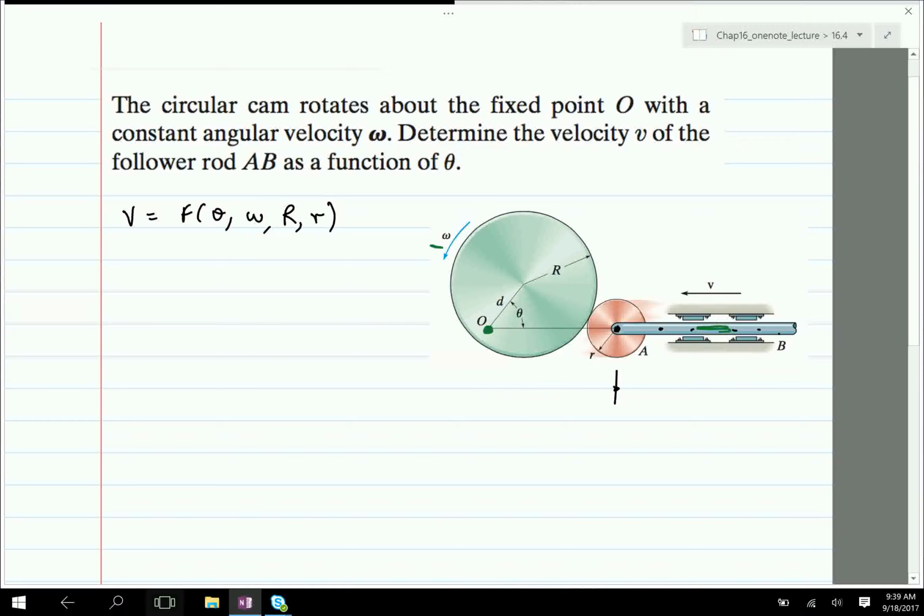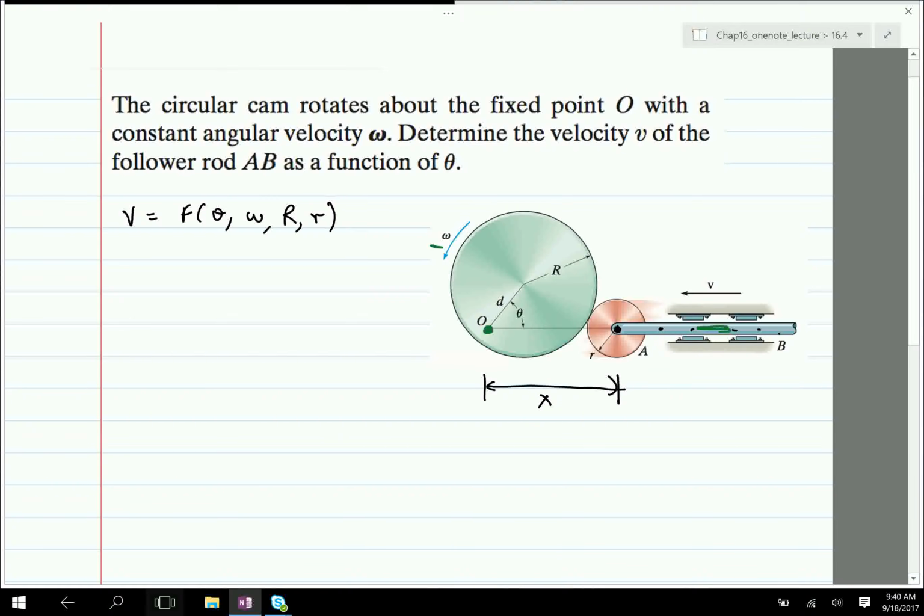The velocity of any point on that bar is going to be the same. I'm going to use this as my x, and the reason I do this is because I know that point O is fixed, it's not moving, but the point which is on the center of the smaller circle is going to move.